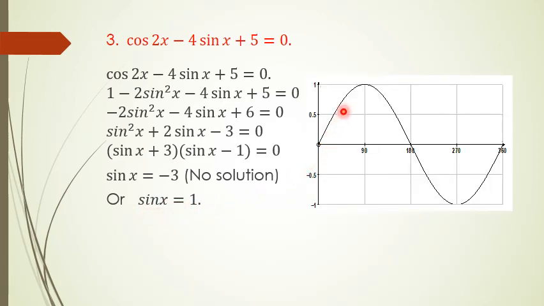Now having a look at the graph of sine x between 0 and 360, which covers the 4 quadrants, we see that sine x is 1 at 90 degrees only throughout. So there is only one solution between 0 and 360, and we use that one to write the general solution. So the general solution is x equal to 90 degrees plus k times 360 degrees, where k is an integer.